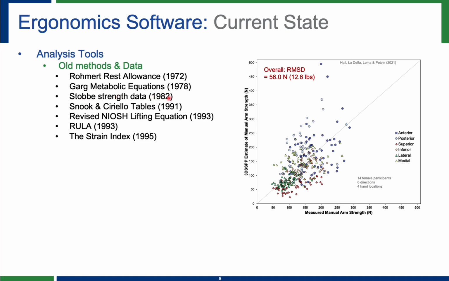It's a very good database, but there's been a lot of strength data collected since then. Many still use the Snook and Ciriello tables from 91. Many people use the revised NIOSH lifting equation from 93, and I've published a paper to explain why you probably shouldn't do that. Things like RULA and the Strain Index. So that's one of the problems with many of the tools, is the data is quite outdated.